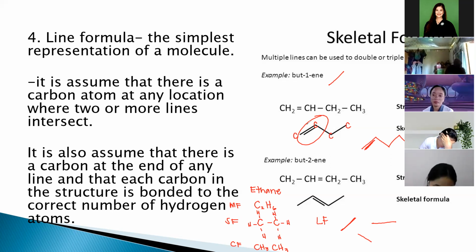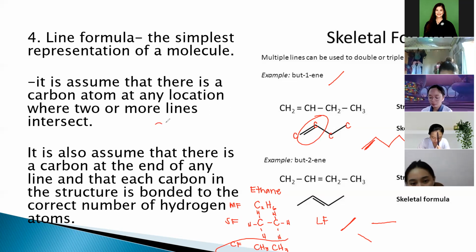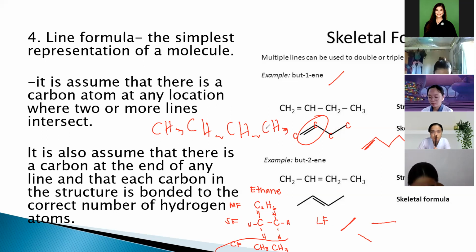When I do chemical formula, I always use the condensed formula. So baka magtaka kayo, when we proceed with our discussion, especially about alkane, most of the time I'm using the condensed formula. Like gagawa ako CH3, CH2, CH2, CH3. Ganito ko siya isulat. That will be easier for us to study the naming and the chemical formula if we use the condensed formula.